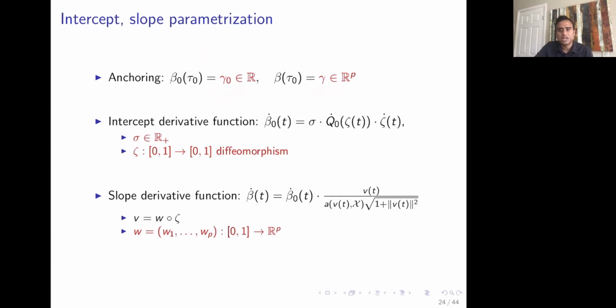You build your other hyperplanes up and below, above and below that anchoring one, based on a shifting function beta 0 dot, which you can define based on certain considerations of a parametric model embedded as a center of your model.